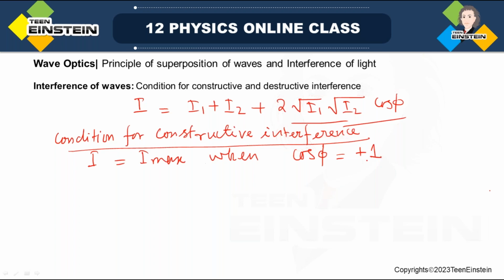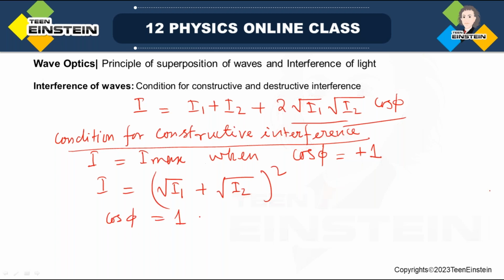When cos phi is plus 1, only then will we get maximum resultant intensity at the point of interference. So for that case, what will be the maximum intensity? It will be root over I1 plus root over I2, whole square. If cos phi is 1, that means it will be root over I1 plus root over I2 whole square. So this will be the maximum intensity if cos phi is 1.